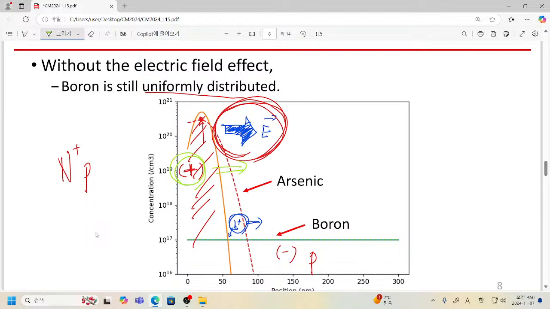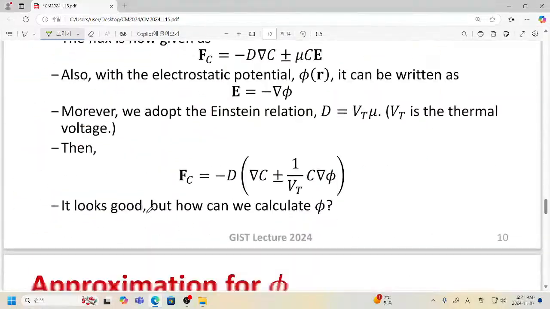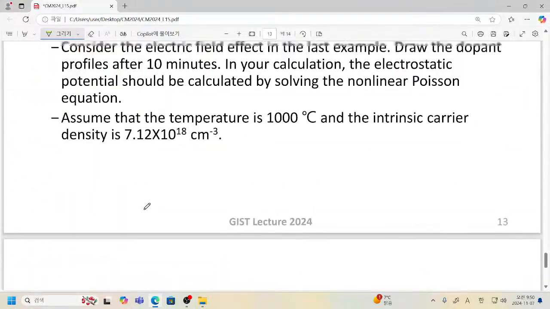Also, in the case of our boron, since they are negatively charged, they will be pushed further this way. If we have only a diffusion mechanism inside this system, then boron will still be uniformly distributed. However, if we include this electric field effect, then since we have an additional driving force, the boron concentration can be changed a little bit.